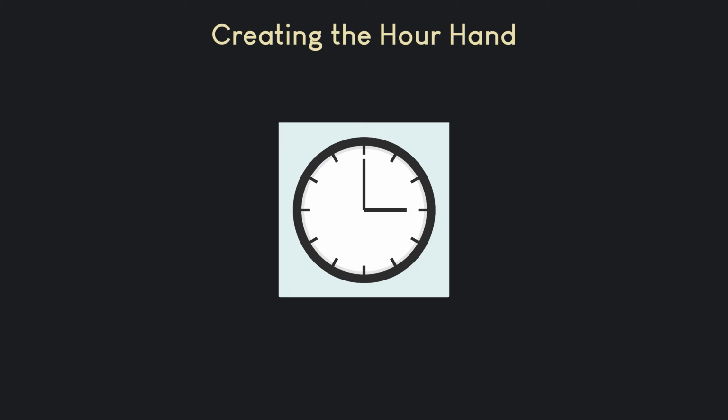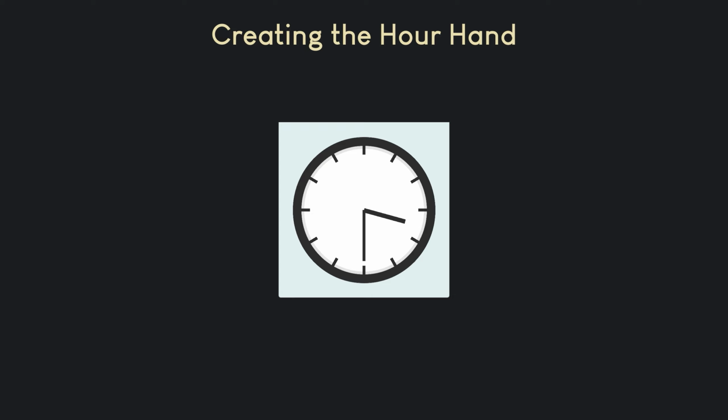The key difference lies in how we calculate the rotation angle for the hour hand. Since the hour hand represents 12 hours on the clock, the full circle of 360 degrees is divided into 12 parts. This means that for every hour, the hour hand rotates 30 degrees. However, the hand does not jump directly from one hour to the next. It gradually moves as time progresses.